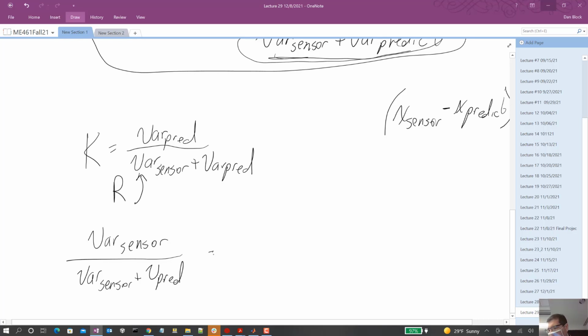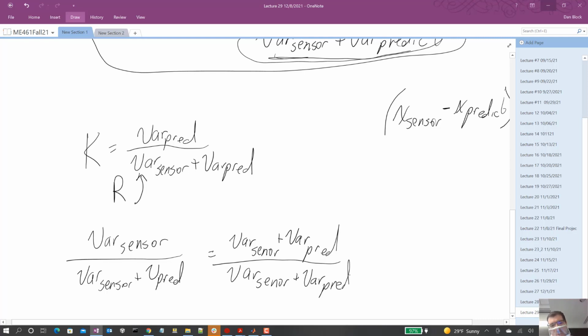That can also be written, make this 1 here, right? We can say variance of the sensor plus variance of the prediction over, just a little trick here, that's how they work these equations, variance of the sensor plus variance of the prediction.